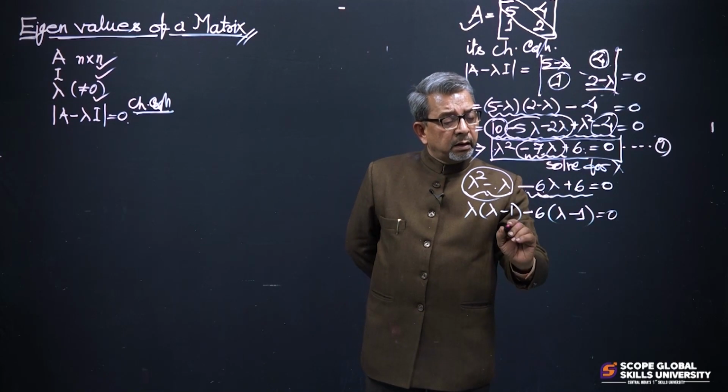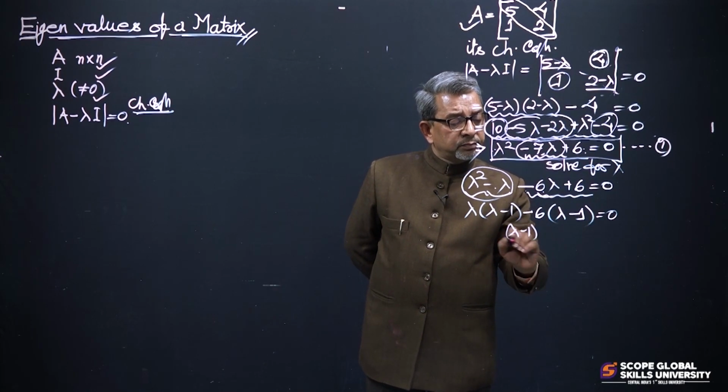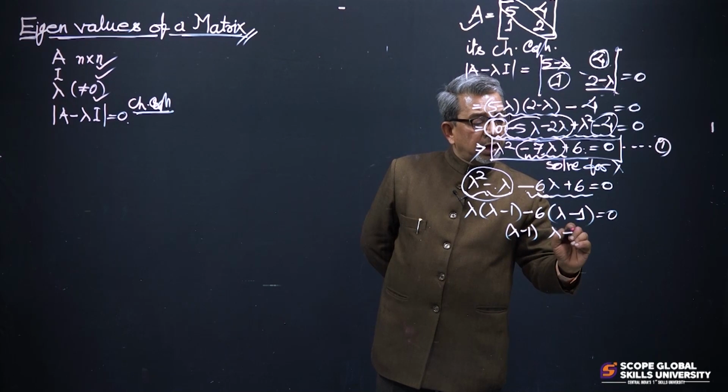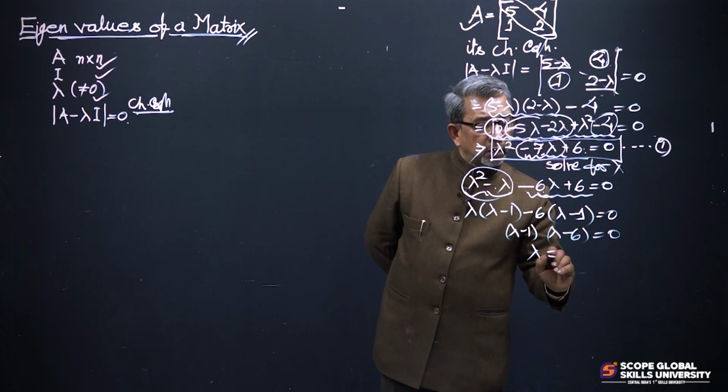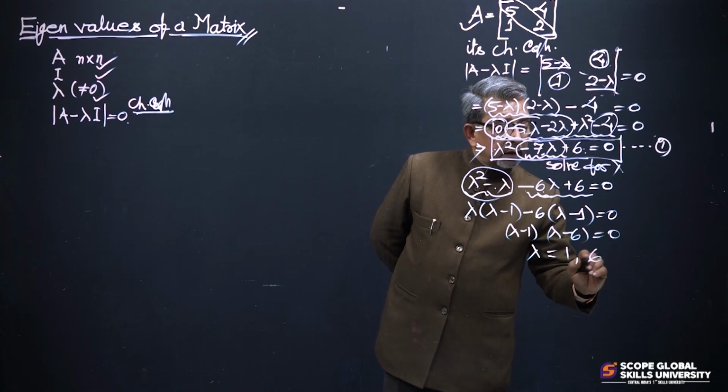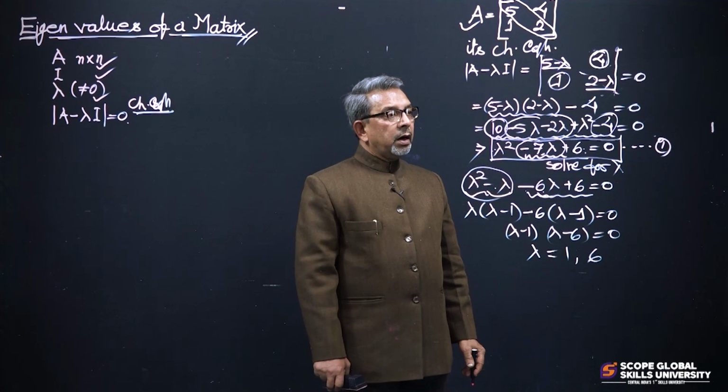And we get lambda -1 and lambda -6 is equal to 0, or lambda is equal to 1 and 6. These are our required eigenvalues.